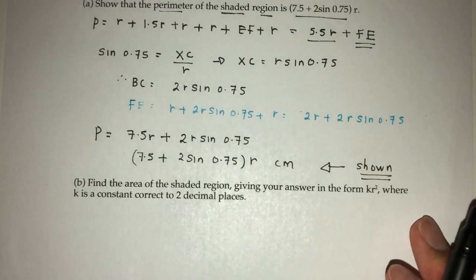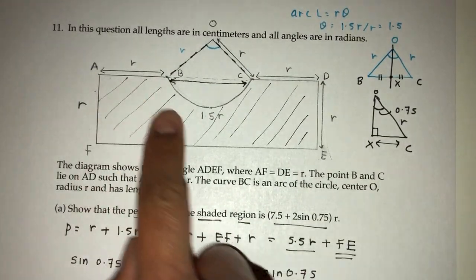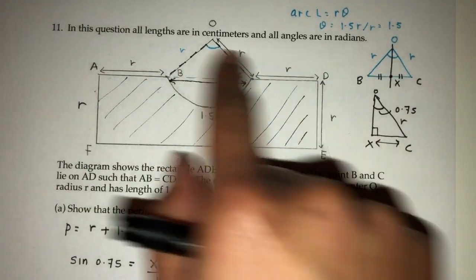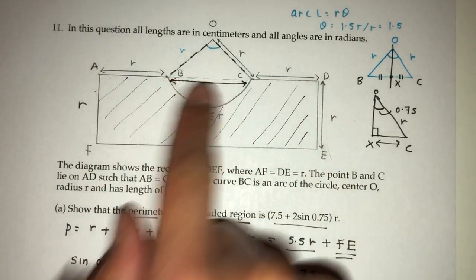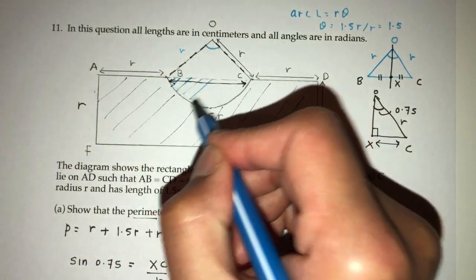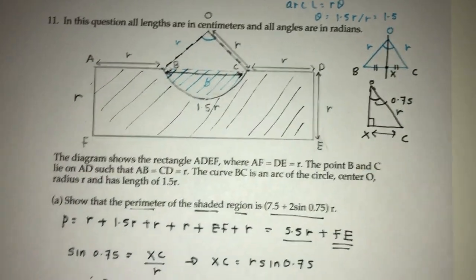Question part B, we have to find the area of the region. Okay, so how would you find the area? So by observation, you can see you have to find this. So we have to eliminate this part. So you can first find the whole area and then minus this one. So let's call this one B. So what is the whole area?